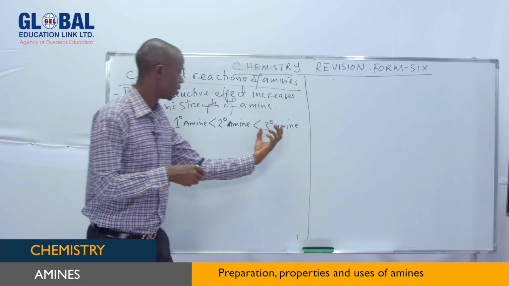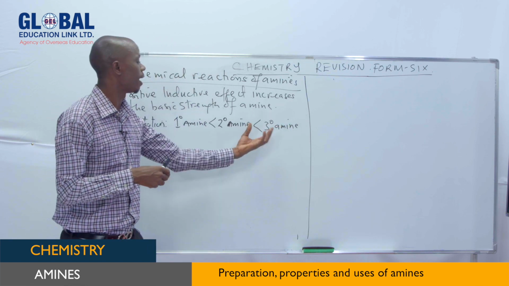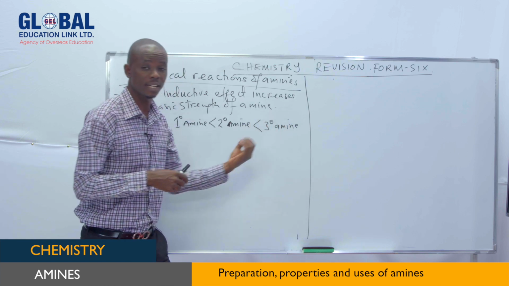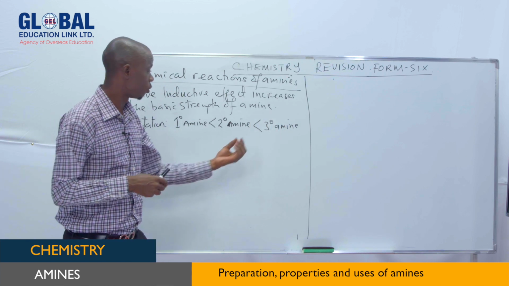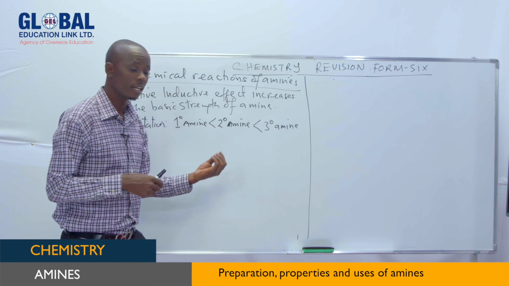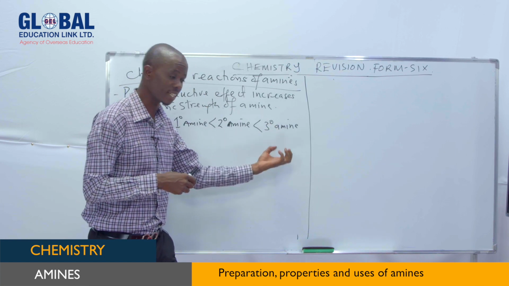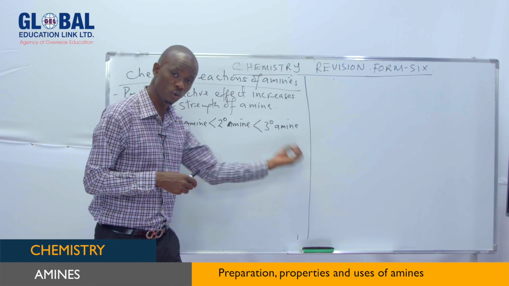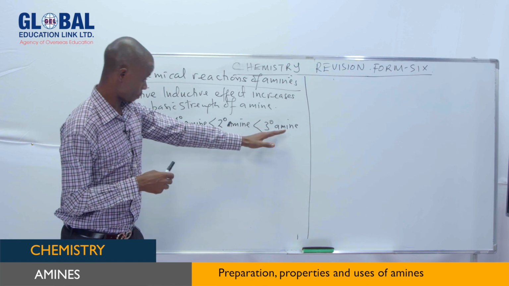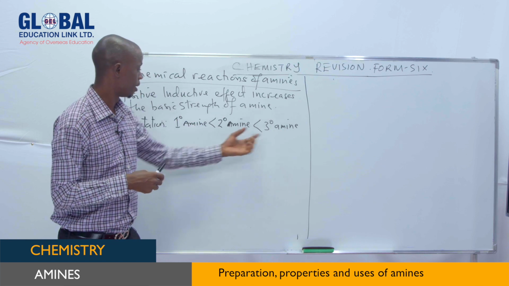Why? Because in tertiary amines there are 3 alkyl groups. So the tertiary amine experiences the strongest positive inductive effect from 3 different alkyl groups. So we are expecting this one to be the strongest base.